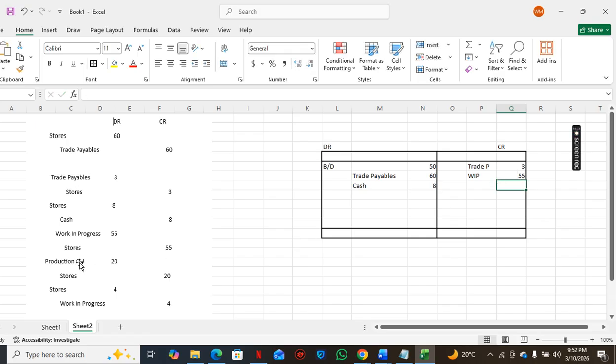Then since the materials are taken to the service department, we credited stores 20 million. So we put here production overheads, 20 million.